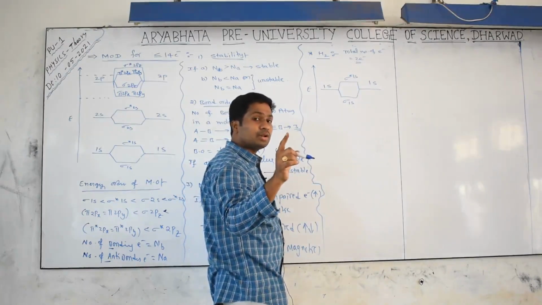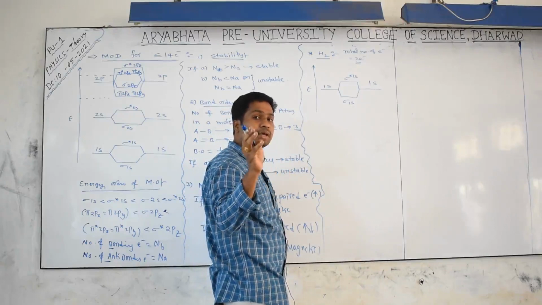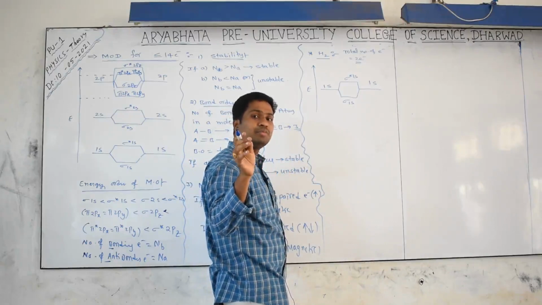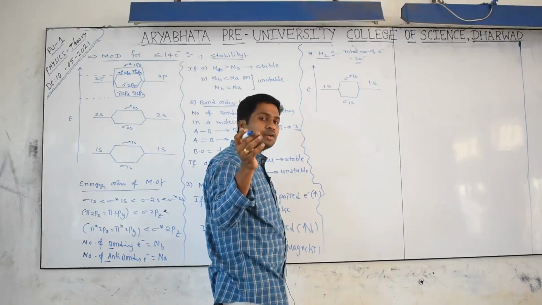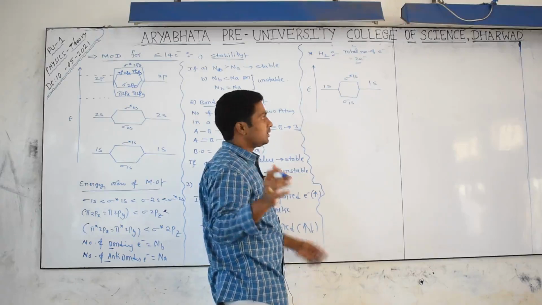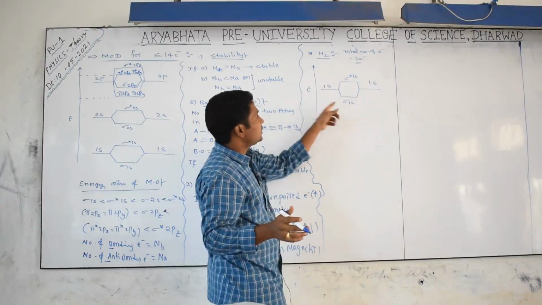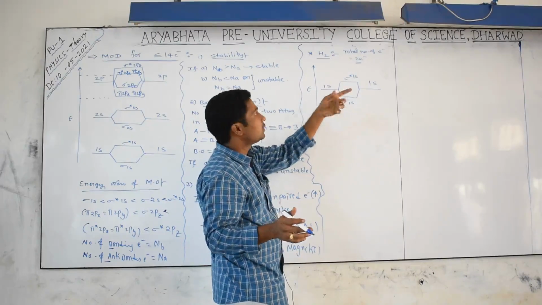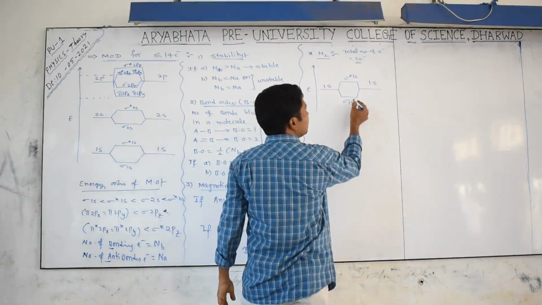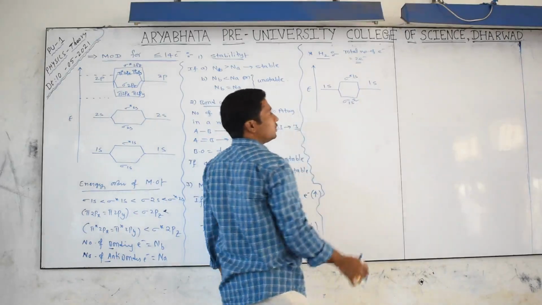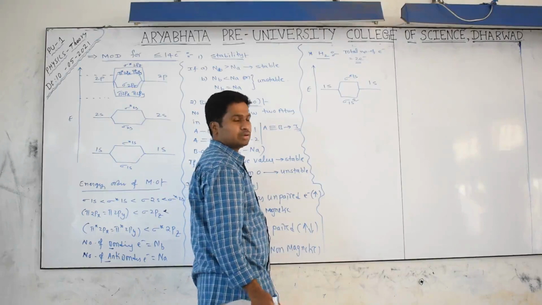While filling molecular orbitals, we follow rules like the Aufbau principle, Hund's rule and Pauli's principle. What is the Aufbau principle? Electrons should always enter the least energy orbital. Out of these two, which is the least energy? Sigma 1s. How many electrons in your hand? 2 electrons, filled like that.